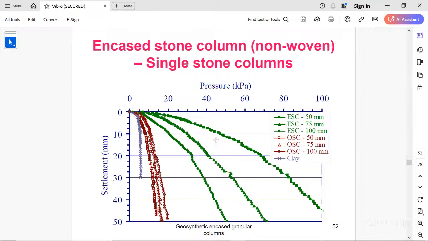So there we necessarily have to take a secant modulus. Because even here, if you draw a tangent, the initial modulus, the curve is very steep. But if you draw a secant modulus, the slope is much lesser.